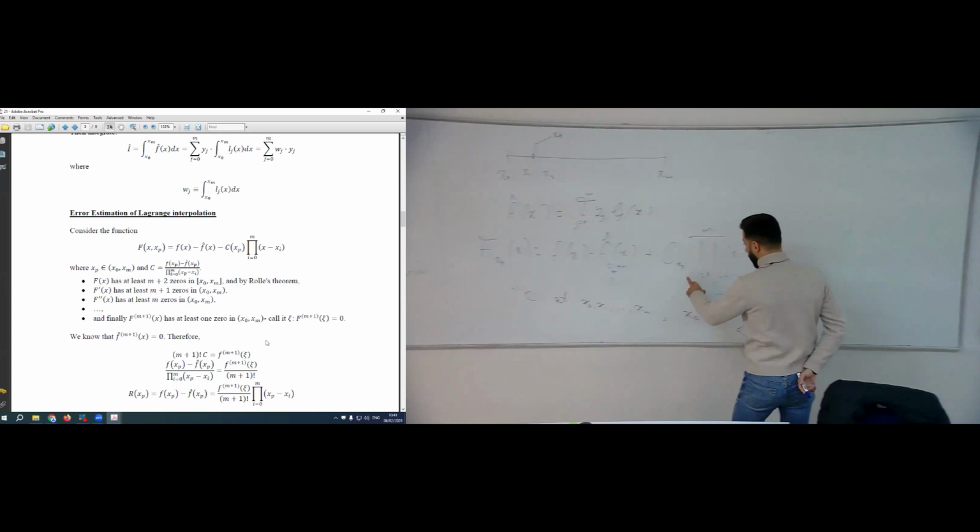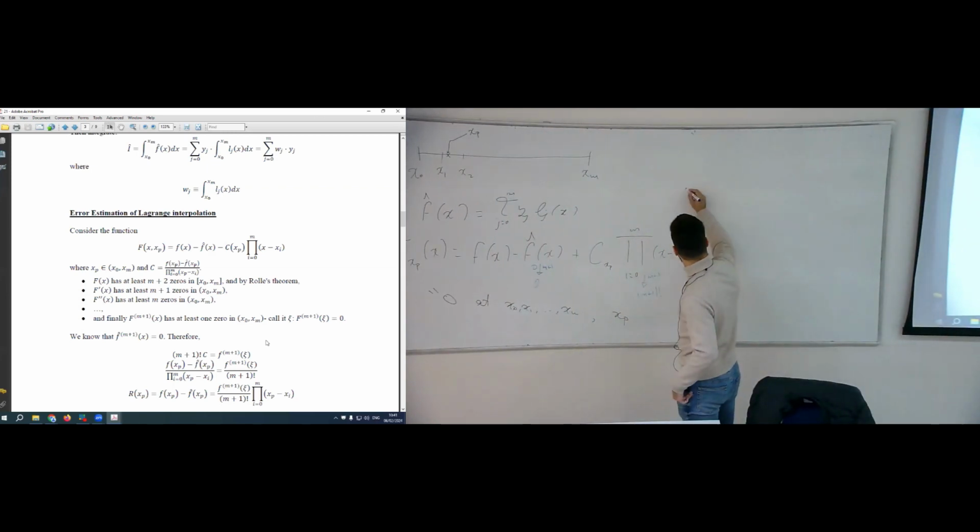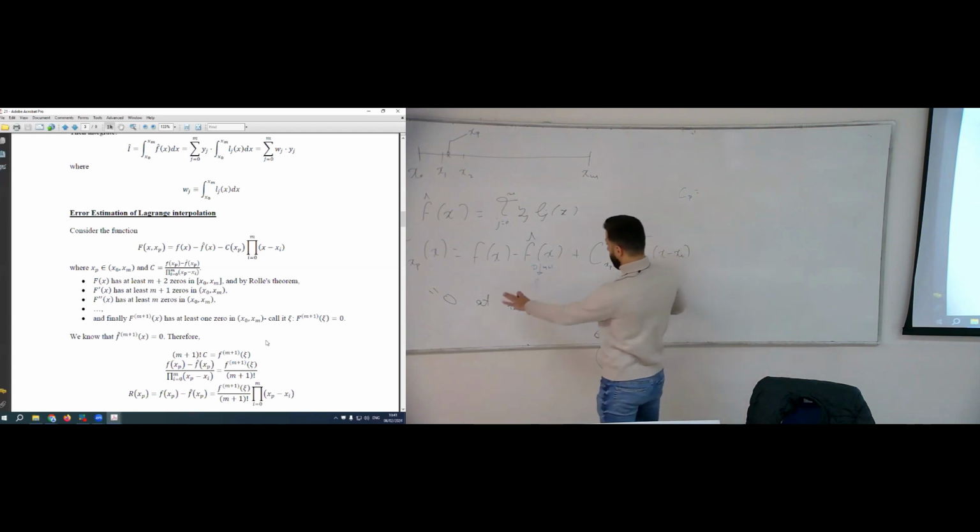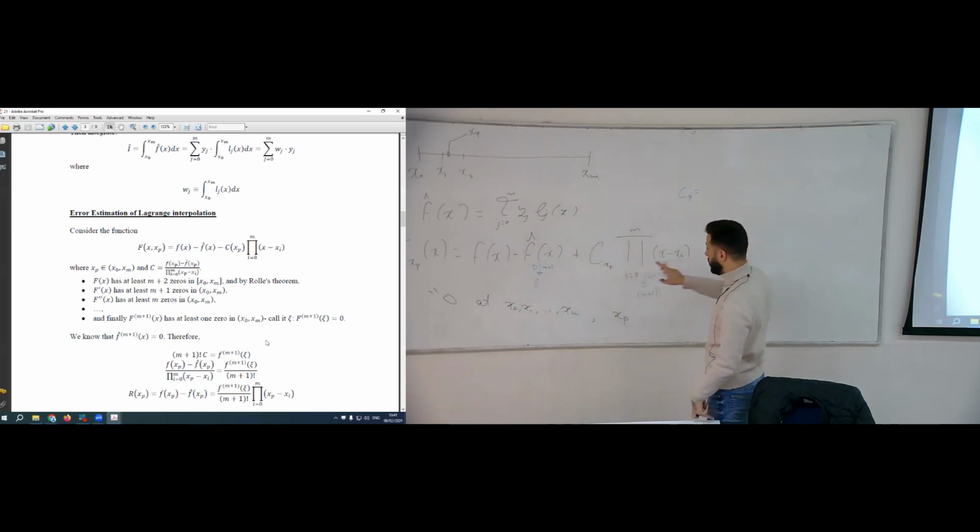Why is it 0 again? Because I only ask for this to be 0. So C of xp is f hat of x minus f of xp times the product of x minus xi.